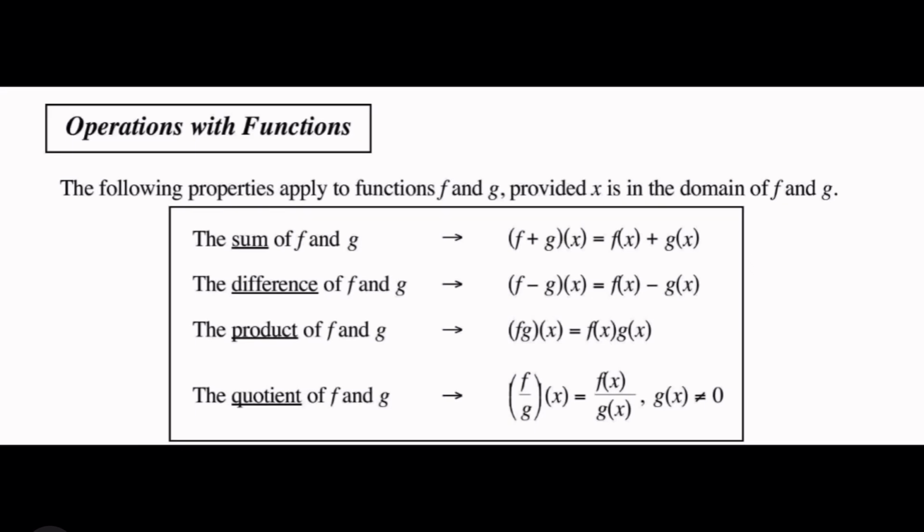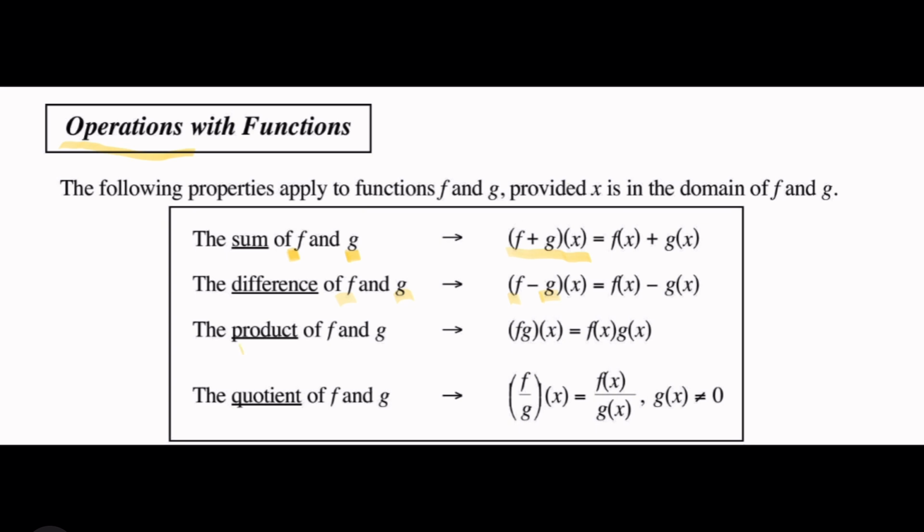So in order to do operations with functions, or to combine functions to make one giant function, we can do any of the following four operations. We can have a sum of the functions of f at x and g at x, and that would look something like this. Now we're going to, of course, break these down into more specific examples. You can have the difference of f and g, which again looks like f at x minus g at x, and this can be in the form of products as well.